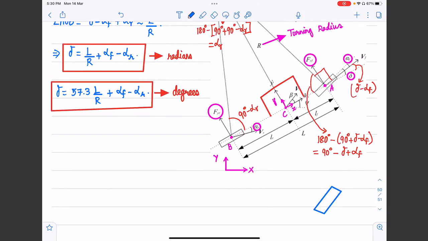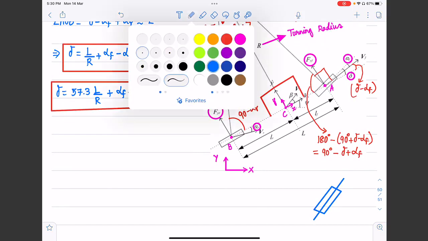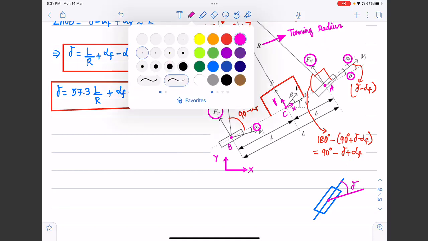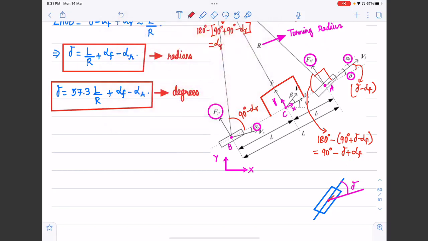I'm just drawing an exaggerated diagram to show the things. Let us say this is the center of the front wheel, and this was the longitudinal axis. This angle is delta. On the other hand, the velocity vector of the front wheel is at some angle. It is not along the central wheel plane.